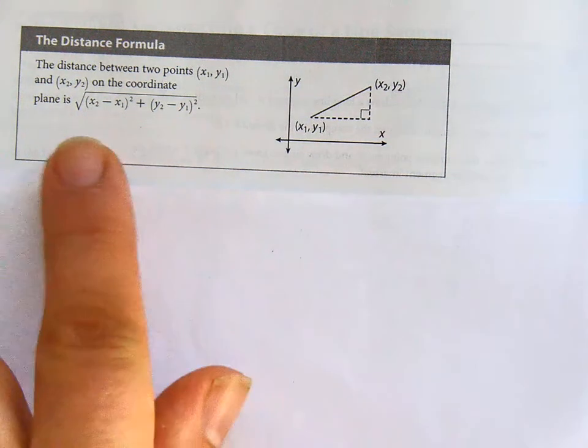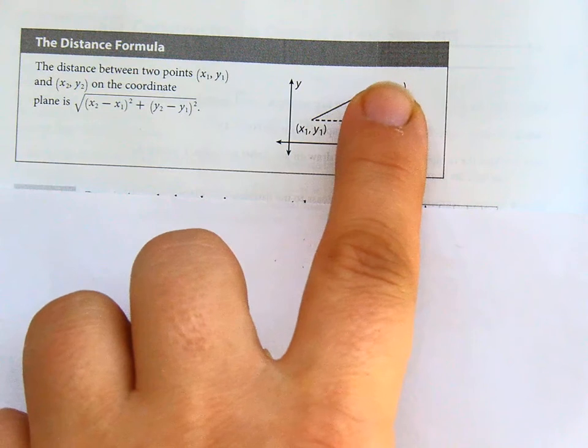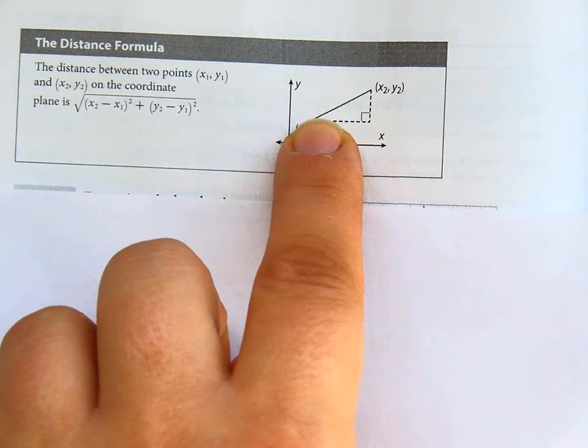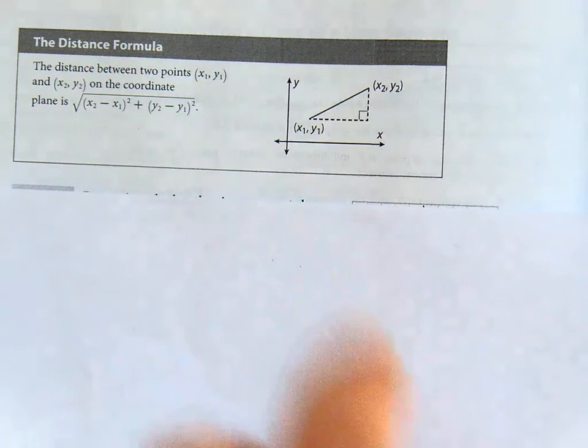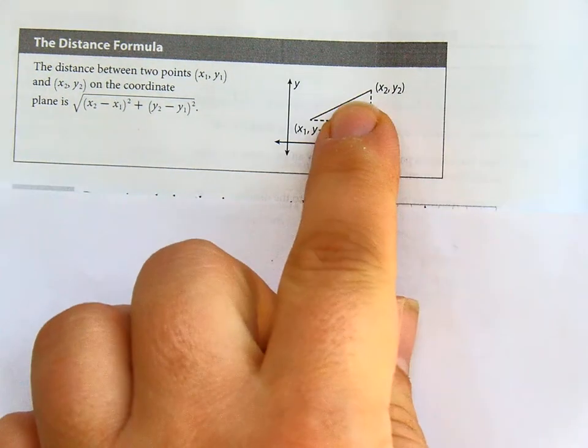And that's where this distance formula comes in, because the square root of those gives you the hypotenuse, aka c. So this is initially the Pythagorean theorem, but we're focused on that c.